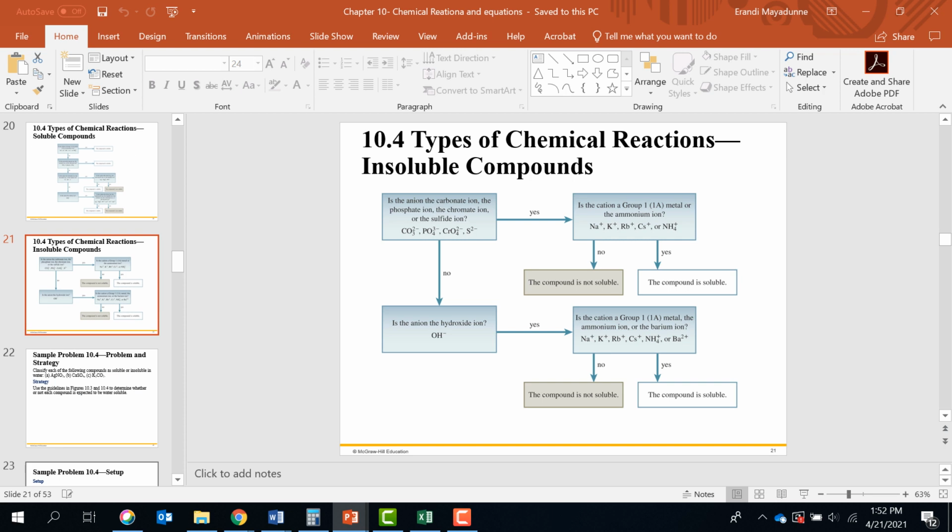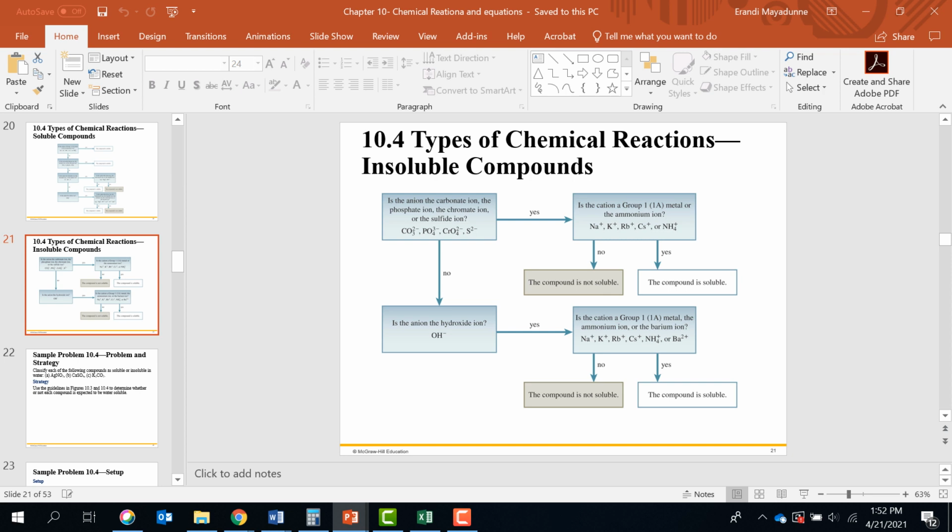And then another thing, these are basically insoluble: carbonate, phosphate, chromate, sulfite. They are insoluble, but if they come with soluble cations like sodium carbonate, potassium carbonate, cesium carbonate, ammonium carbonate.